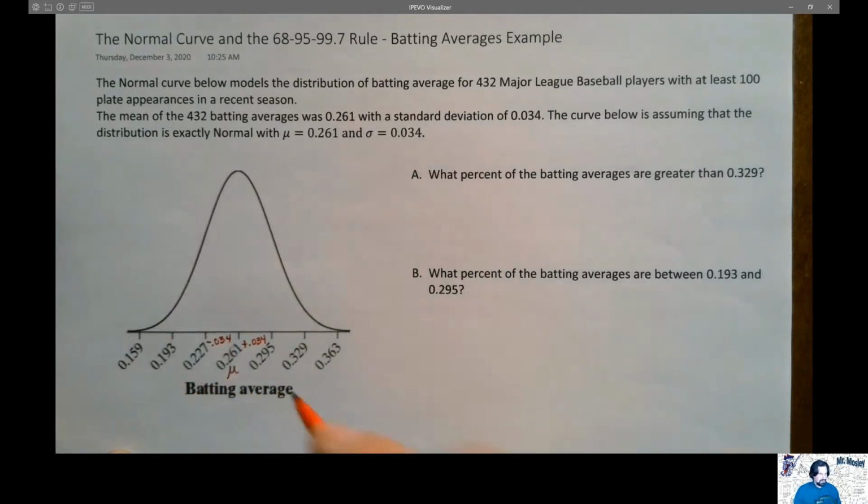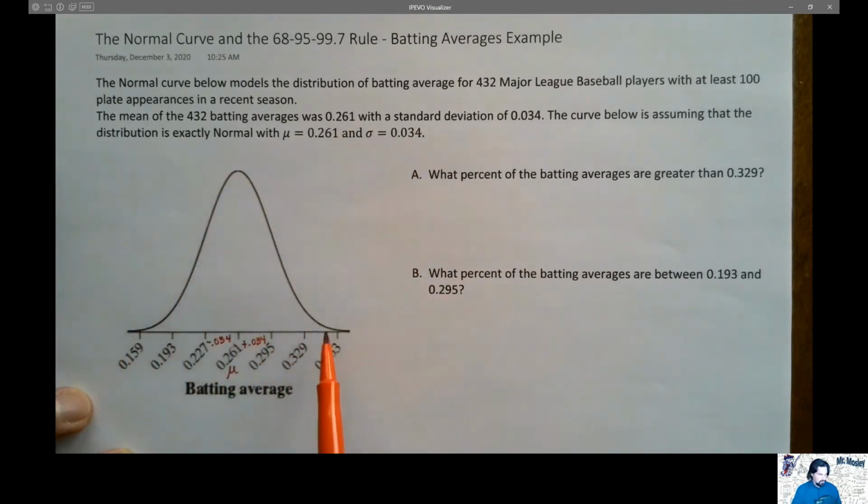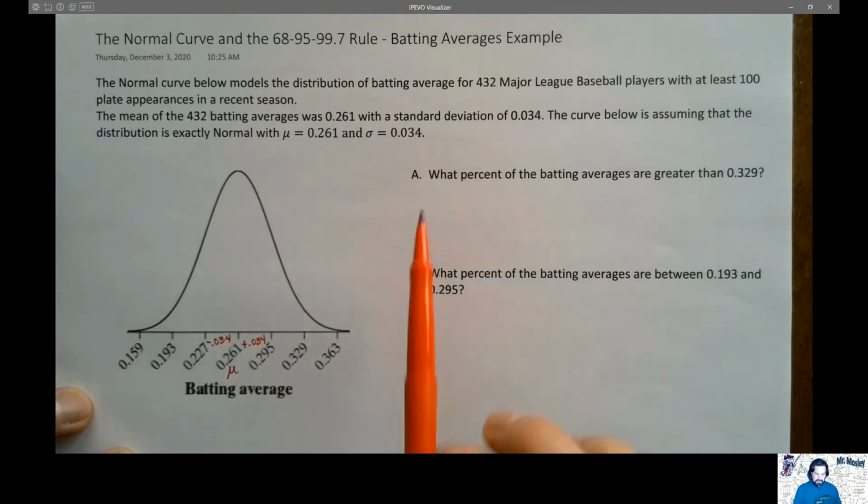And that's how we've gotten these markings along our horizontal axis. And this is the density curve that followed the data, and it happens to be a normal curve. So this is how this was created, and I wanted to specify that.